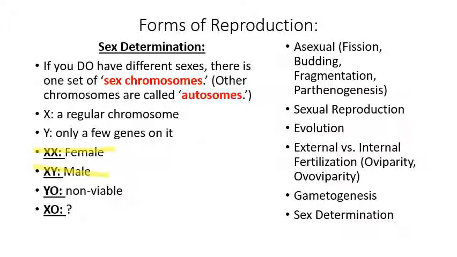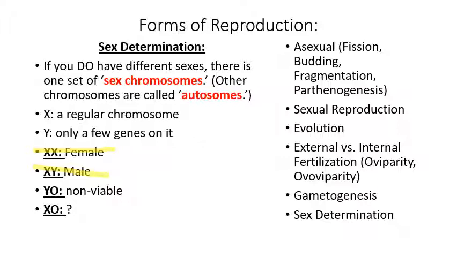They're supposed to have a complete set, but occasionally you have a misfire, you have an accident, and you have a sperm or an egg that's produced that's missing one of the chromosomes. Or occasionally you have a sperm or an egg that has one too many.